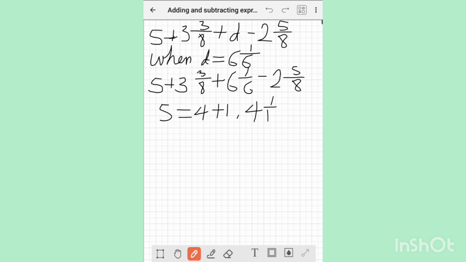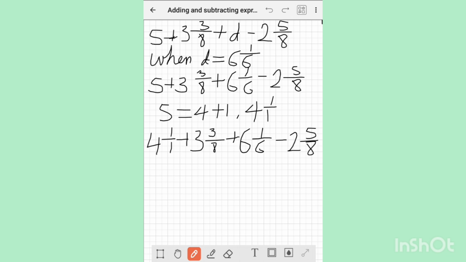Now I will be returning that to this place. Instead of writing 5 whole, I'll be writing 4 whole 1 all over 1 plus 3 whole 3 out of 8 plus 6 whole 1 out of 6 minus 2 whole 5 out of 8.